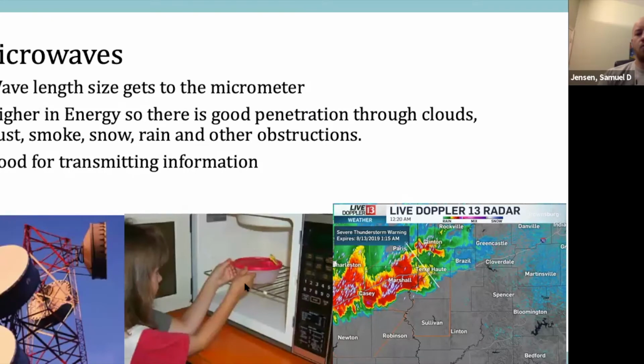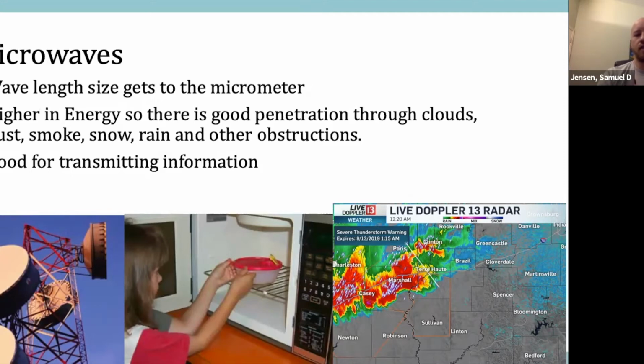As we move up slightly in energy, we have microwaves. Most of us are familiar with microwaves just for heating our hot pocket, but it's for more than that. We can do data transmission via microwave. Doppler radar is a microwave radar for weather.